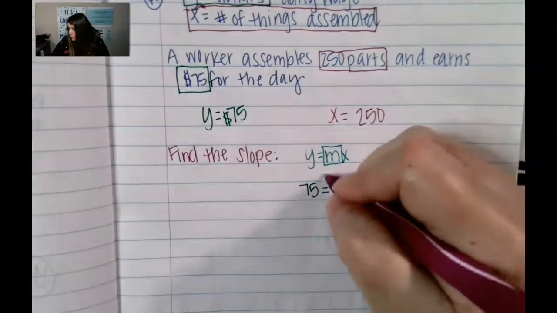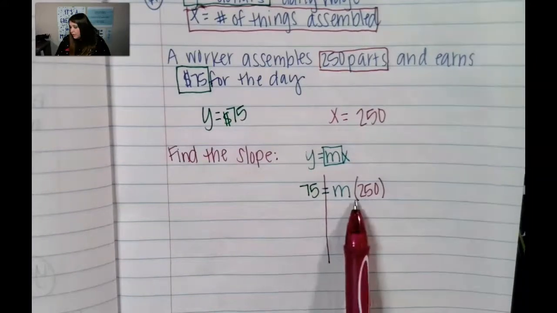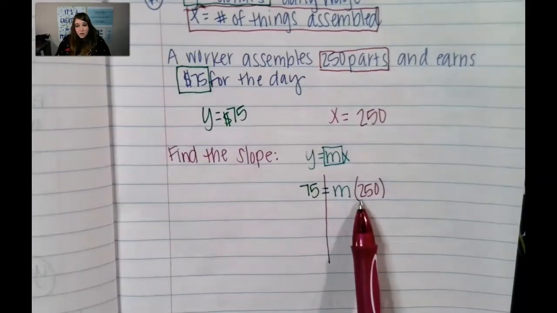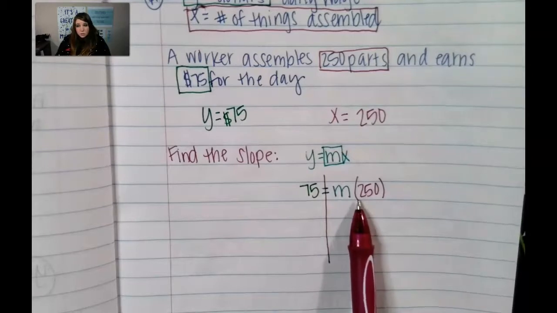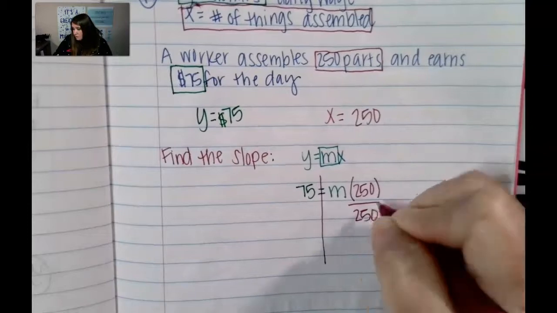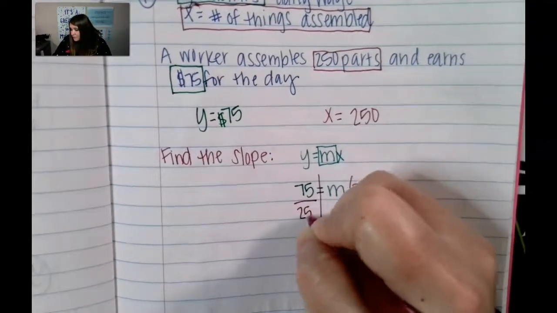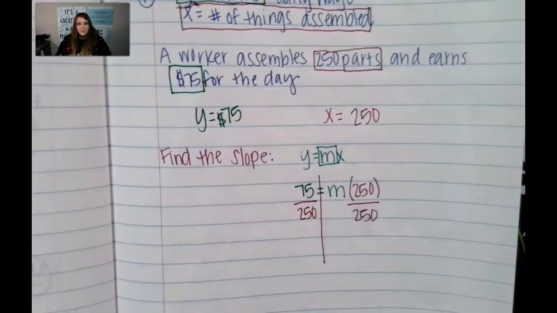All right, now I want to isolate the variable just like we did many chapters ago. I look here and I see that I'm multiplying right now. So to undo multiplication, I need to divide. So I'm going to divide by 250 things. And over here, I'm going to divide by 250 things.